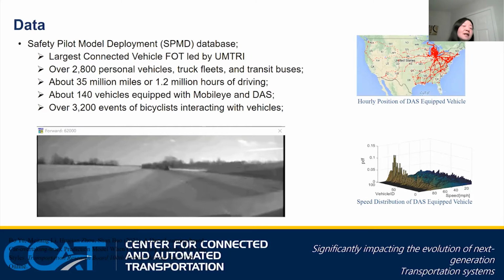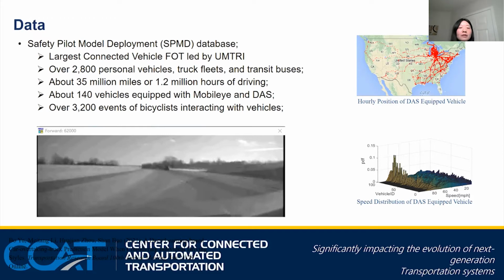That means those 140 vehicles were equipped with a Mobileye sensor, which can detect the objects in front of the vehicle, including trucks, cars, SUVs, even pedestrians and bicyclists, as well as the DAS, the data acquisition system.